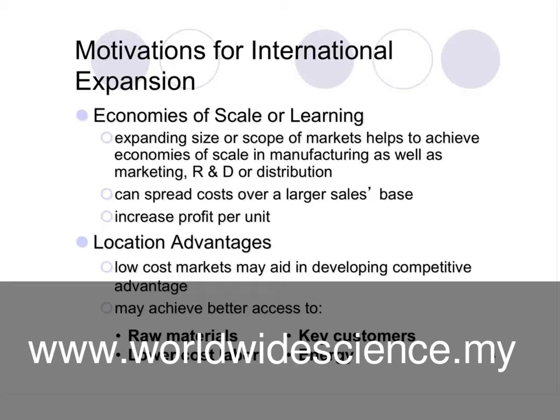And so you would achieve better access to raw materials and lower cost labor. One of the good examples would be going to China. A lot of businesses have their manufacturing part in China. Most of the companies, I would say, nowadays, because the labor is cheaper.